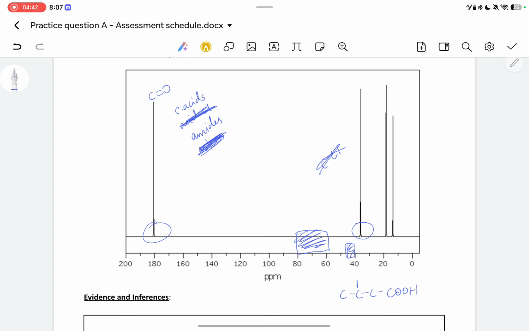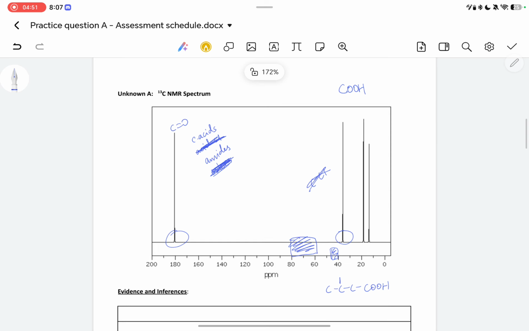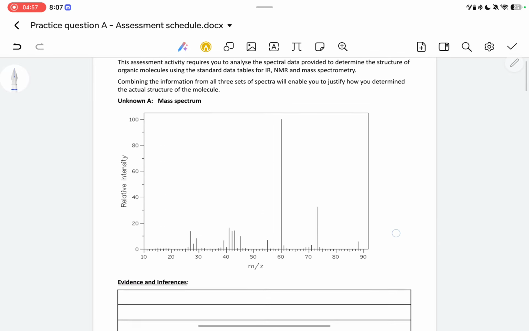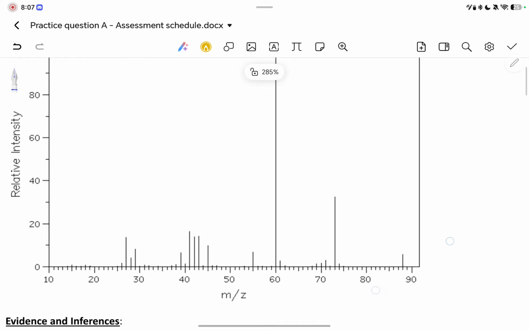So it could be an amide plus an alcohol and a C=O double bond, but anything's possible at this rate. Right, so now we've concluded that it might be carboxylic acids or amides, and that will be a good chance for us to move on to the mass spectrum, where we look at fragments.